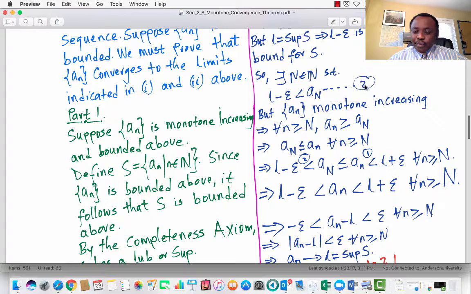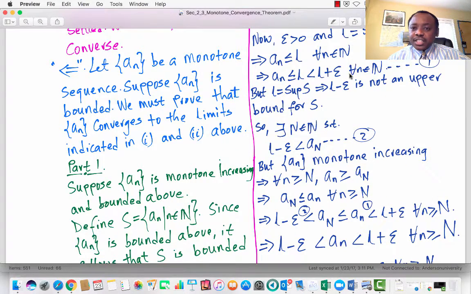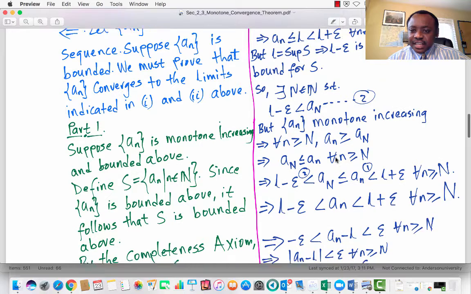Now let's put our things together. We do know from inequality 2 that L minus epsilon is strictly less than a uppercase N. But a uppercase N is less than or equal to an, and that holds for every natural number n greater than or equal to uppercase N. But by inequality chain 1, an is strictly less than L plus epsilon.